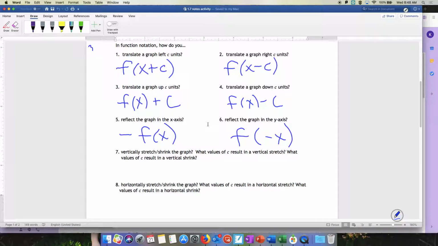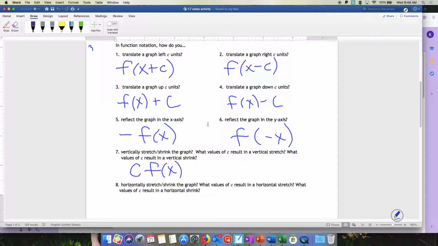Okay? All right, vertical stretches and shrinks and horizontal stretches and shrinks. Okay, we've talked about over and over, outside affects vertical, inside affects horizontal, right? Okay, Mia, how do we vertically stretch or shrink a function? Okay, just for simplicity, I'm just going to have C, all right?